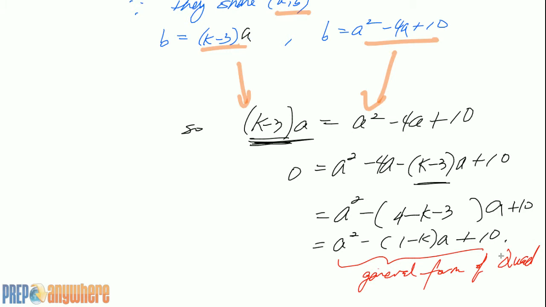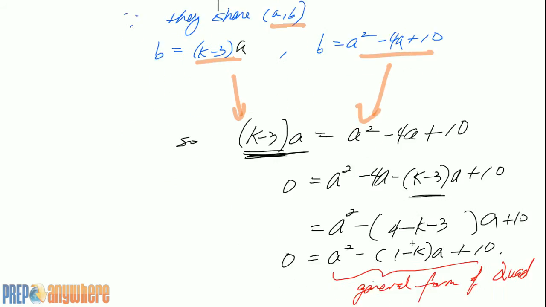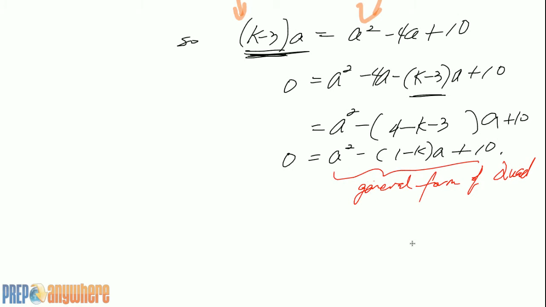Now, what do we know about the number of answers to this equation? How many answers should A have? Let's go back here. One. Because they're touching each other at exactly one point, right? I don't need to find A. If you go back to the last example, what do we do?